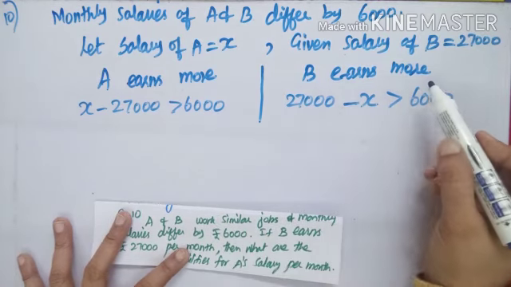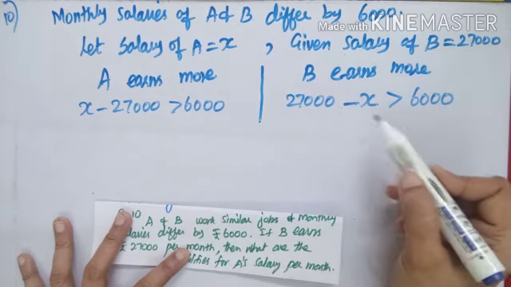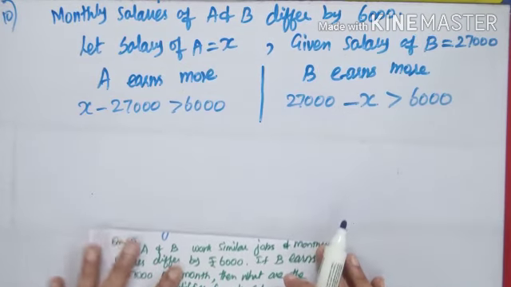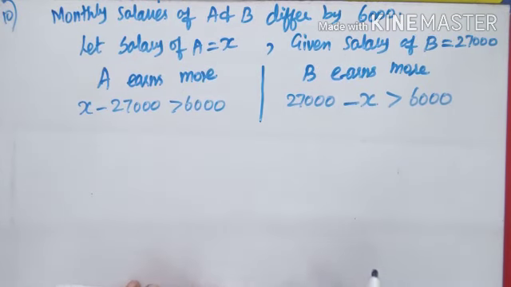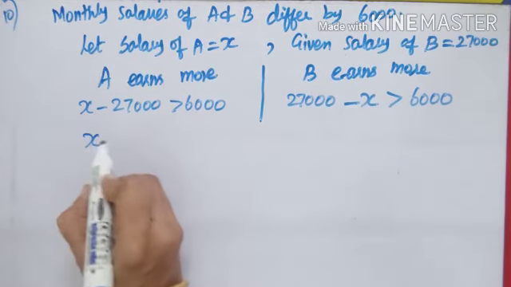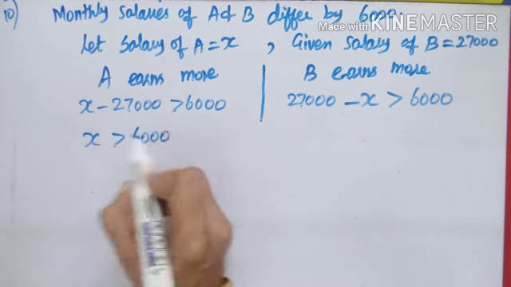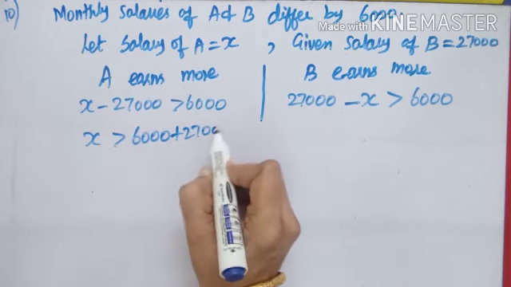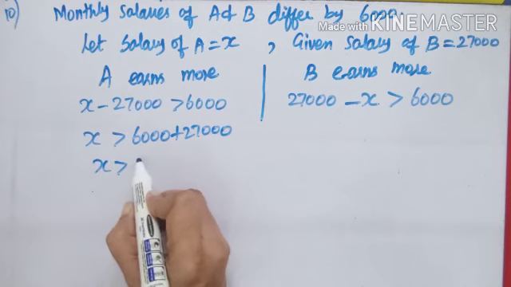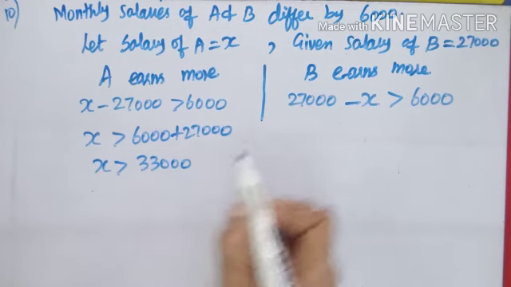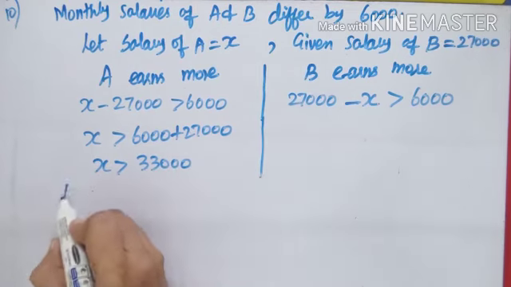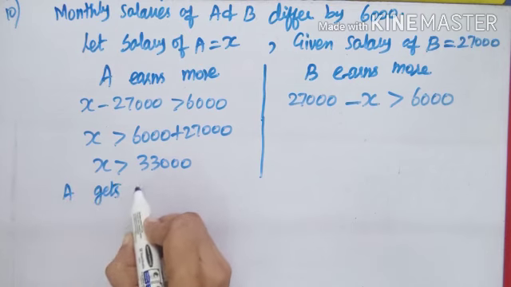B is getting more means 27,000 minus x will be bigger than 6,000. Find out the inequality from this. x greater than 6,000 plus 27,000, x greater than 33,000.